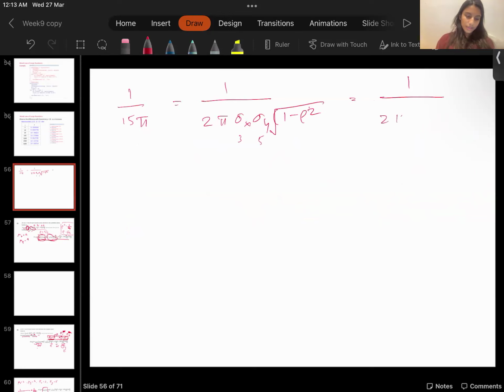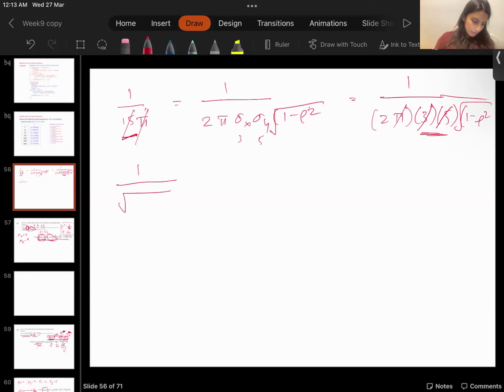So 1 by 2 pi into 3 into 5 into square root of 1 minus rho square. On both sides in the denominator we have pi, so we can cancel it out. And 3 into 5 is 15; this side also we have 15, so you can cancel these two out. Now what are you left with? 1 by square root of 1 minus rho square is equal to 1.